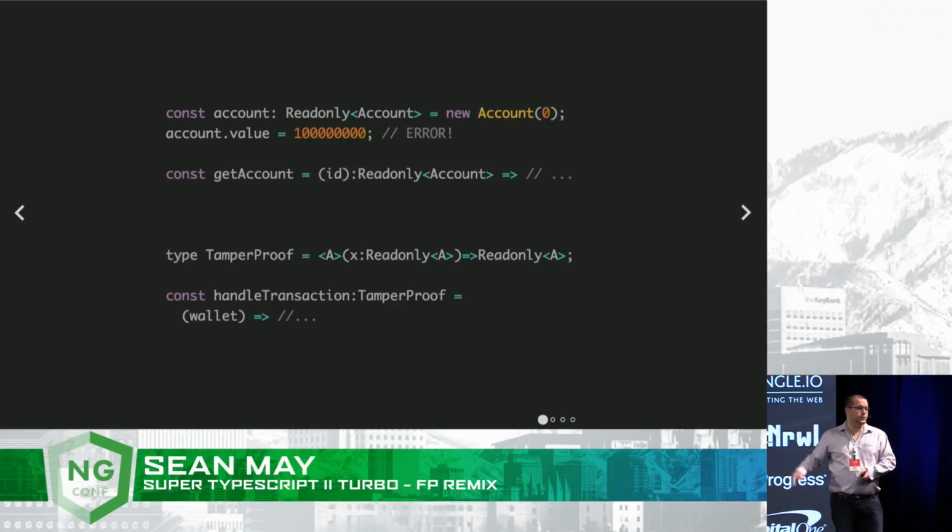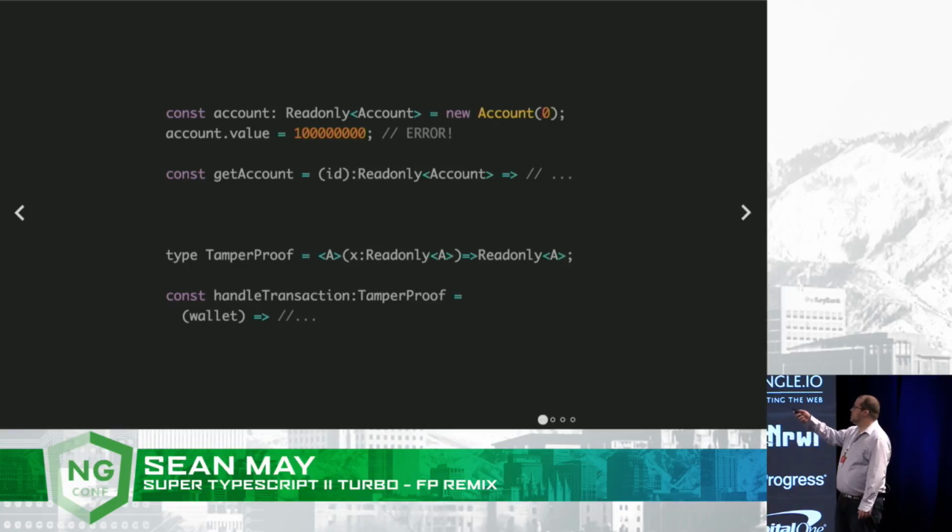type are read-only. Right? So if you wanted to make read-only immutable classes in TypeScript, you usually have to declare a member read-only, like a read-only private or a read-only public. Now you can just say, it's a read-only account. Right?